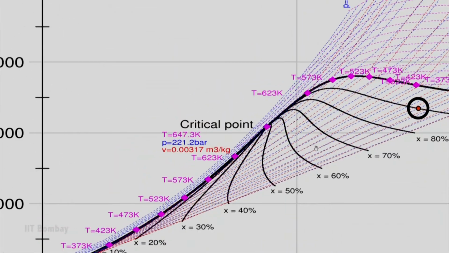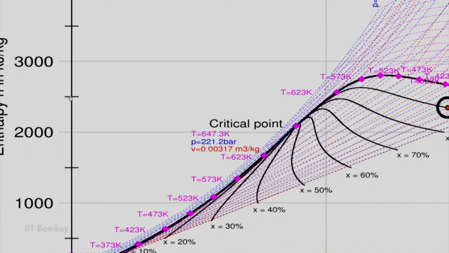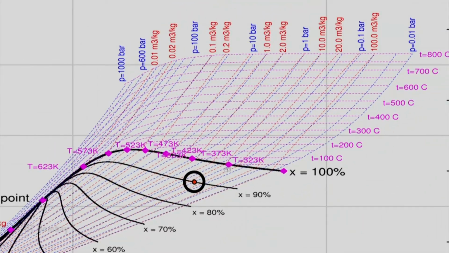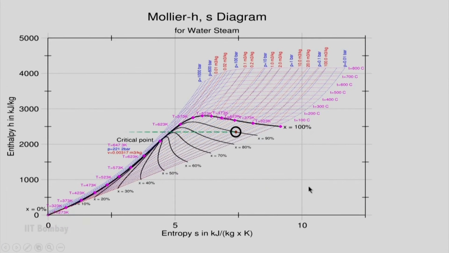And also I can read the enthalpy. If I draw a horizontal, I get a value between 2000 and 2500 somewhere here. Also, one can read various other properties like specific volume, etc. So, one can get all these values from here by drawing horizontals and verticals. Yes, I can say that the entropy is around 7.3 or 7.4, and this is 2350 and this is 7.4.